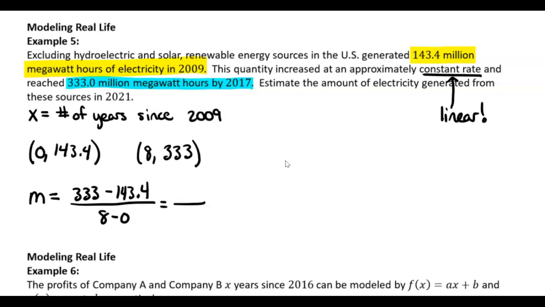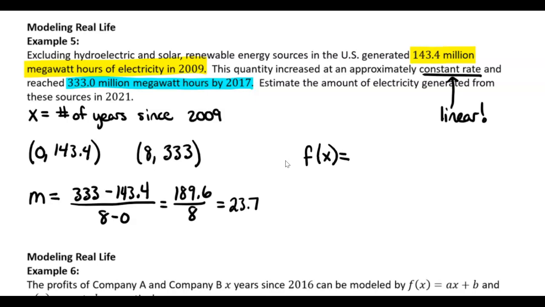So 333 minus 143.4 is 189.6, and 8 minus 0 is 8. When you divide them, I get 23.7. All right, so that's my slope.